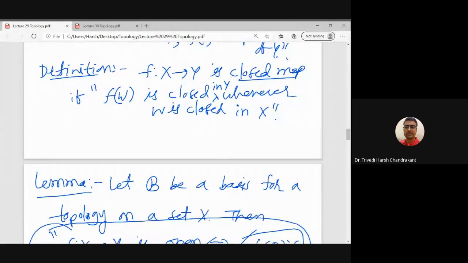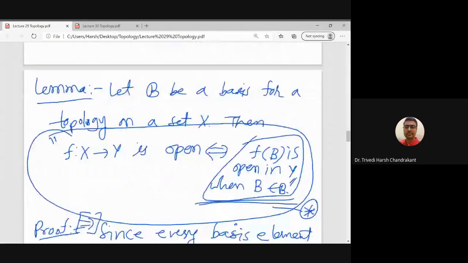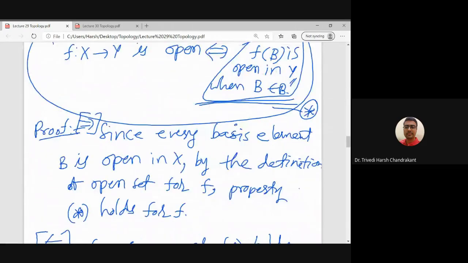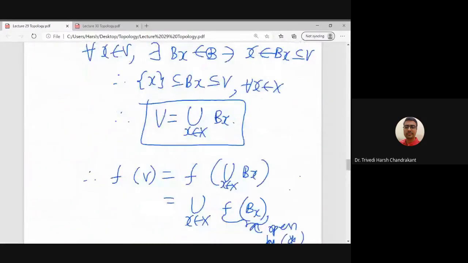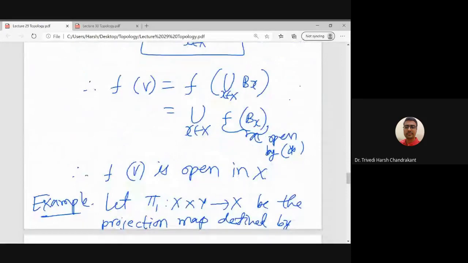And as in the case of continuous functions, we can get a similar result: if I know a basis of the domain space X of the function f, then f is an open map if and only if the image of every basis element B is open in the codomain Y. We proved this; more or less, we already know this proof from what we used for continuous functions.